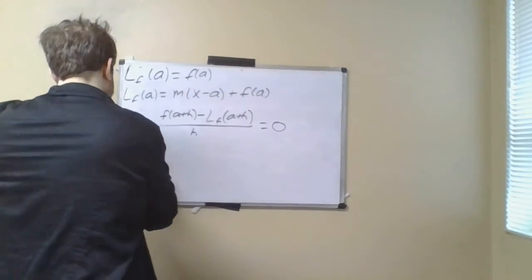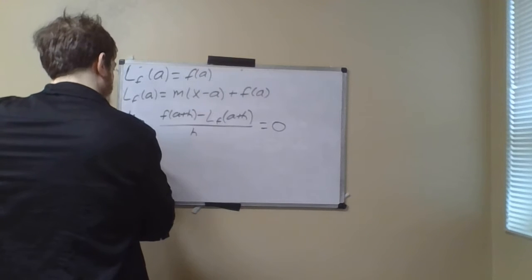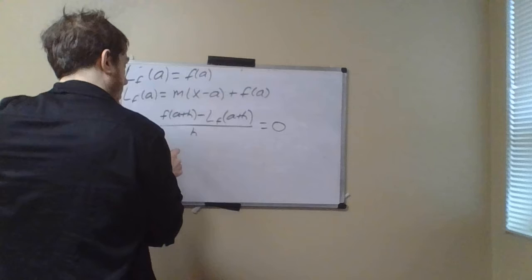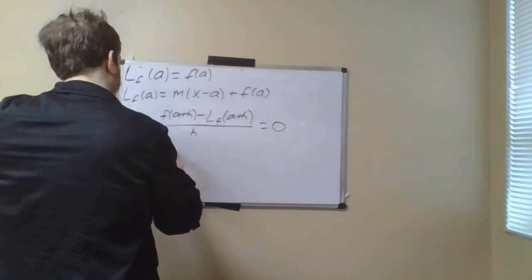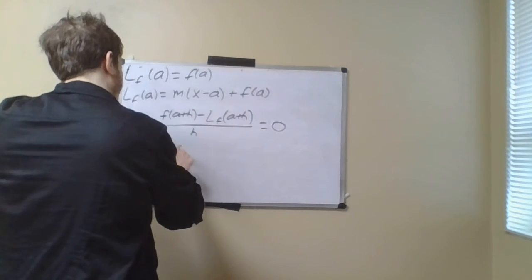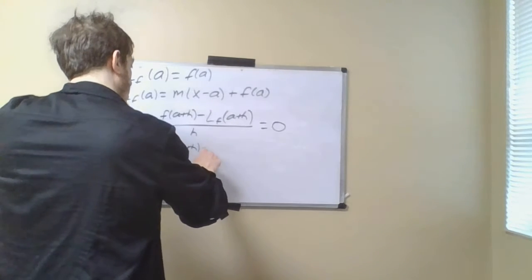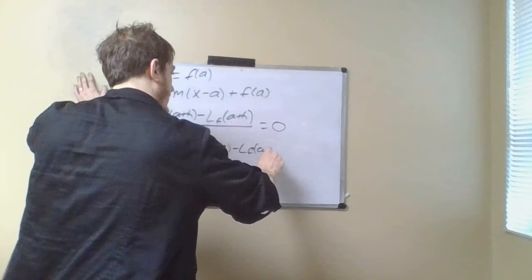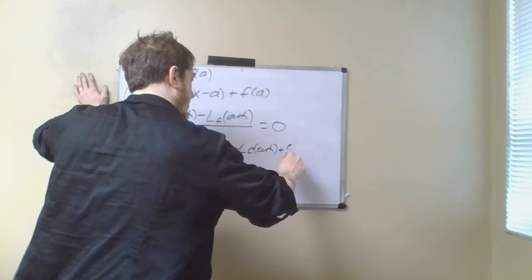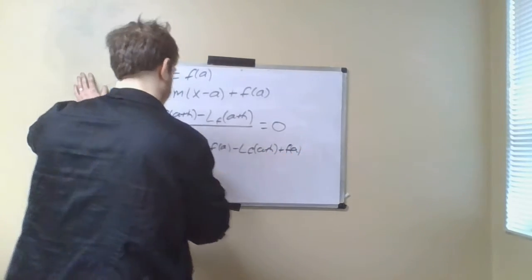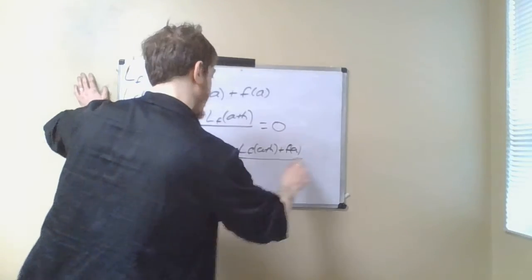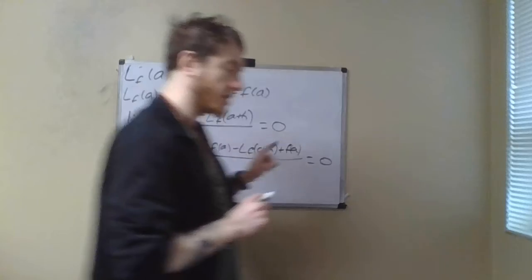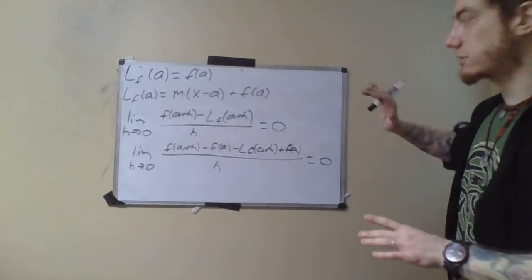And to do that, and this is why this is confusing me, yeah, what I can do is I can say this is the same as f of A plus h minus f of A minus LF of A plus h plus f of A, divided by h, is equal to 0. There we go. Sorry for the confusion there for a moment. I got confused in my head, and yeah, everything is clear now.